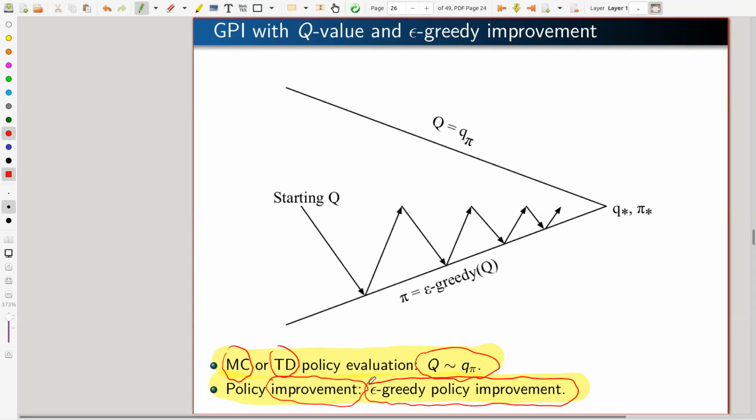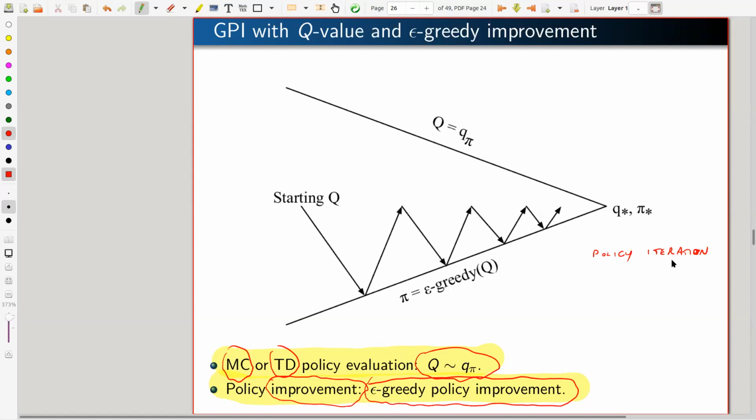Remember, the name of the original control cycle was policy iteration. That was the control cycle done with the policy evaluation made exactly as I told you in the last lecture, and the policy improvement exactly as I told you in the last lecture, that is, the greedy improvement. In that case, we talk about policy iteration.